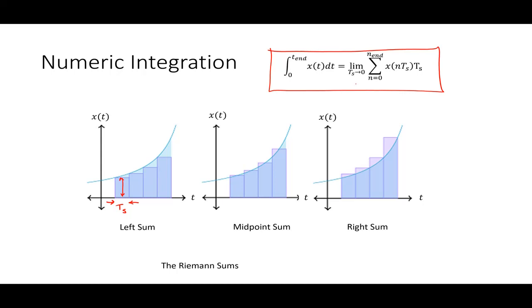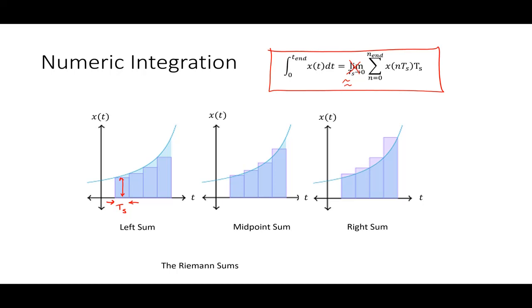All right, which basically what we do is we allow t sub s to get all the way equal to 0, which if I allow t sub s to go all the way equal to 0, it becomes the integral. Now, just as we did before, I want to replace this limit with an approximation sign, which is what we do whenever we're inside of a computer, because we can never let anything go to 0.